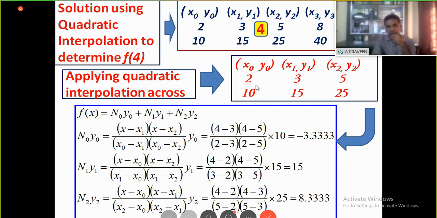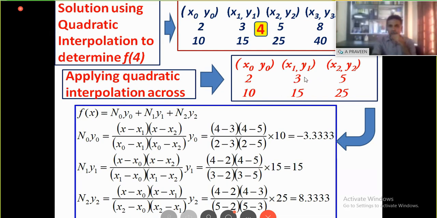And 4 will lie between 3 and 5. So let me establish an interpolation function consisting of these 3 data points, with a general equation that should give me any value lying between them.